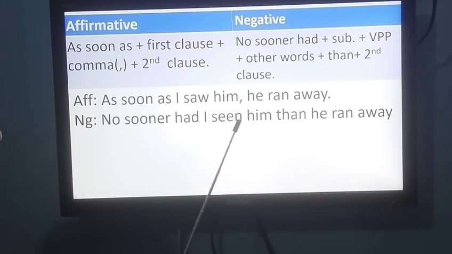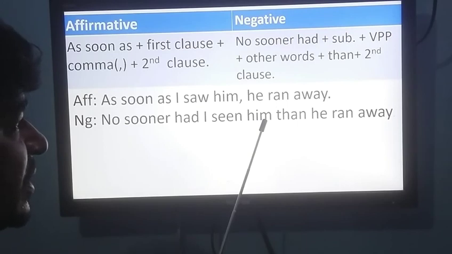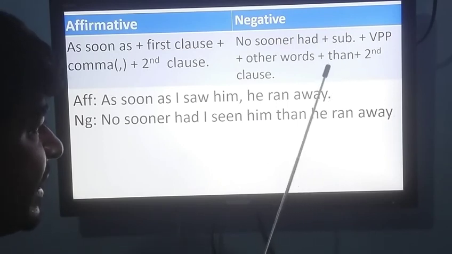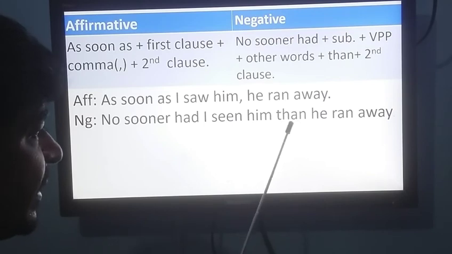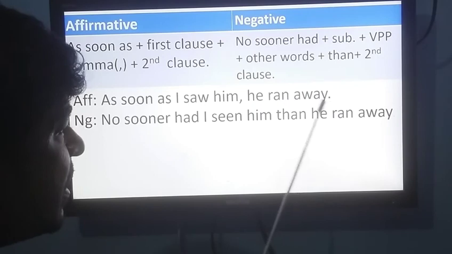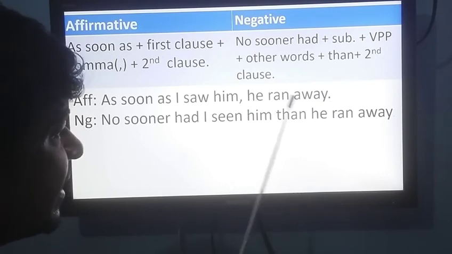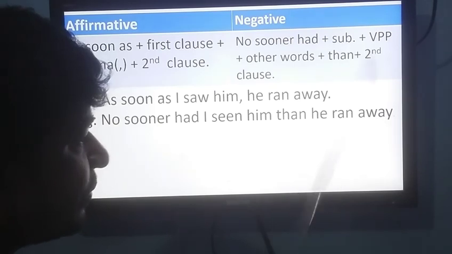Then the other word of the sentence, him, has been used here. Then we have to use then in place of comma. This comma has been abolished here. Here you see then has been used. Then the other clause of the sentence, he ran away. The whole clause has been used here. He ran away.